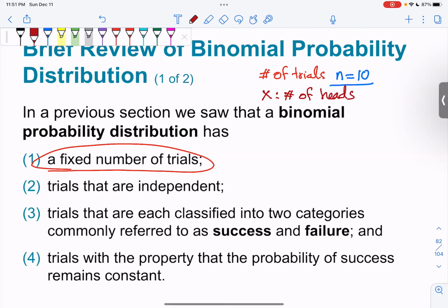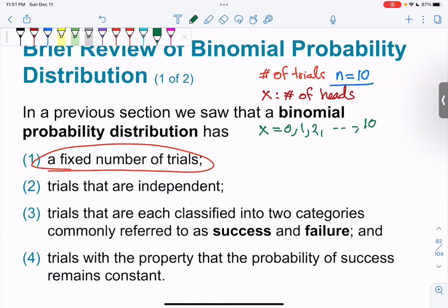If we flip a coin 10 times, then our variable x is the number of heads we will get. So x could take any number from 0 to 10, right?